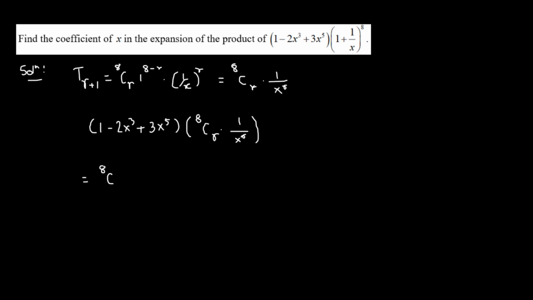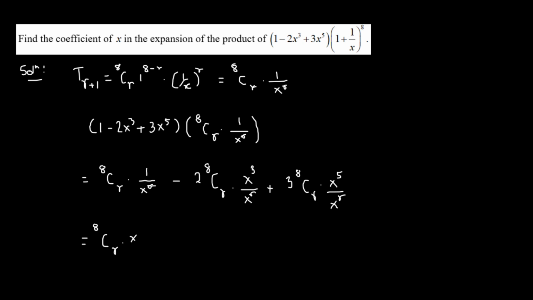So 1 times 8Cr is 8Cr times 1 over x raised to the power of r, minus 2 times 8Cr times x cubed over x raised to the power of r, plus 3 times 8Cr times x raised to the power 5 divided by x raised to the power of r, which will be equal to 8Cr times x raised to the power negative r, minus 2 times 8Cr times x raised to the power 3 minus r, plus 3 times 8Cr times x raised to the power 5 minus r.